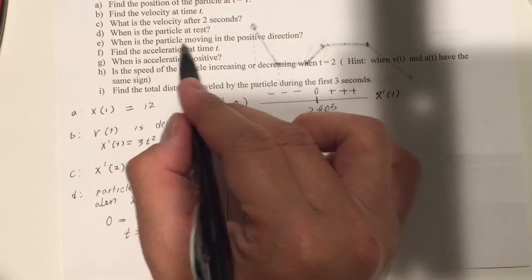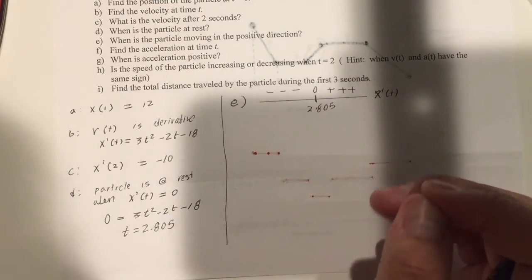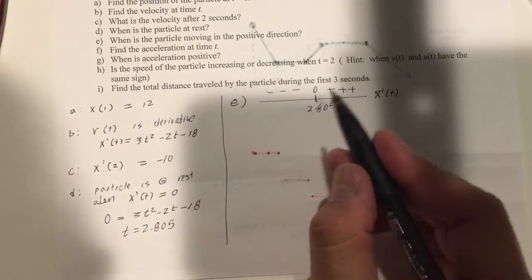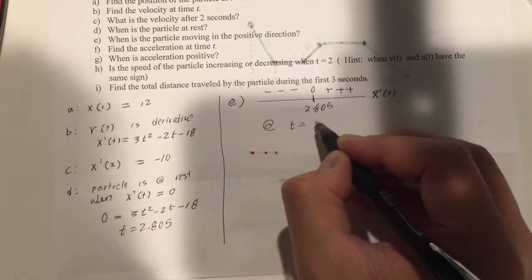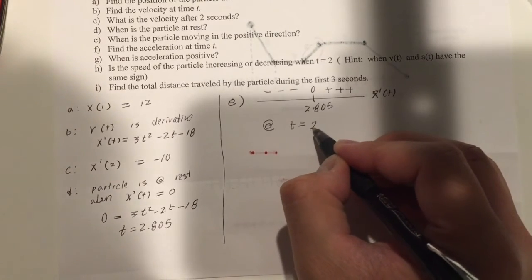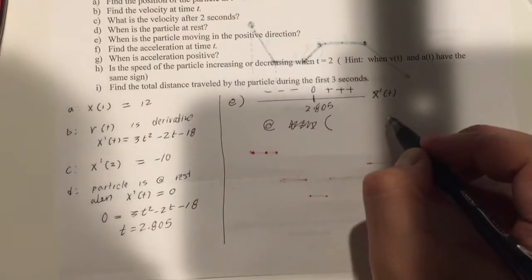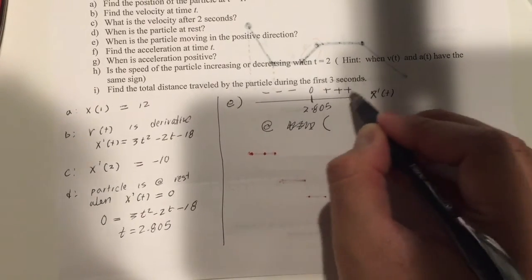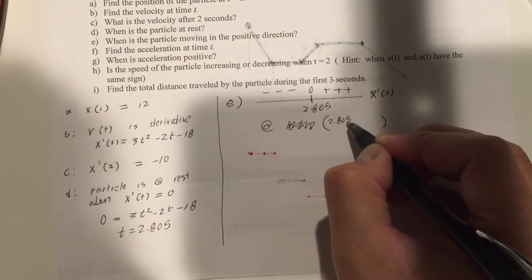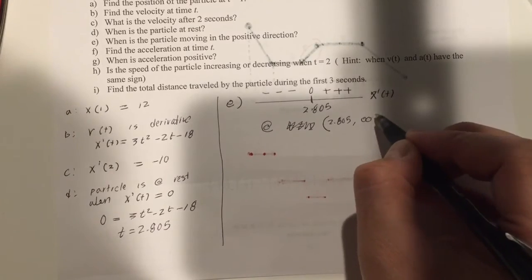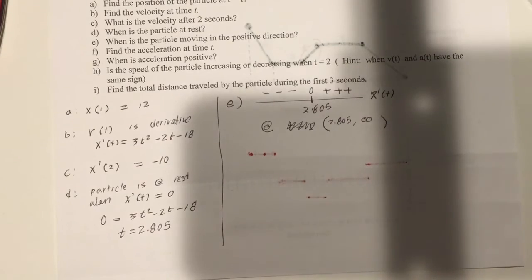So when is the particle moving in the positive direction? The particle is moving in the positive direction where this is positive, so that would be 2.805 comma infinity. When that's positive, it's moving in the positive direction.